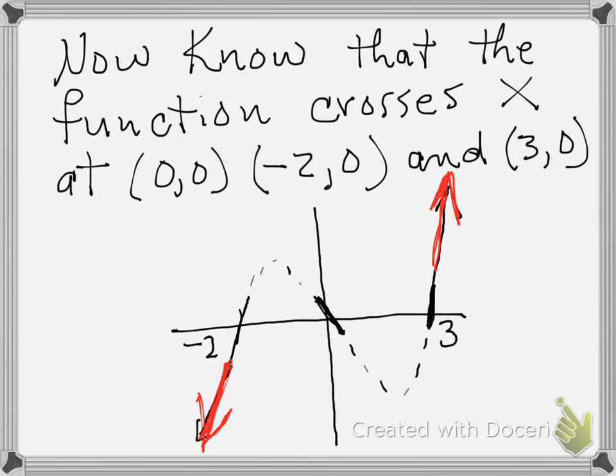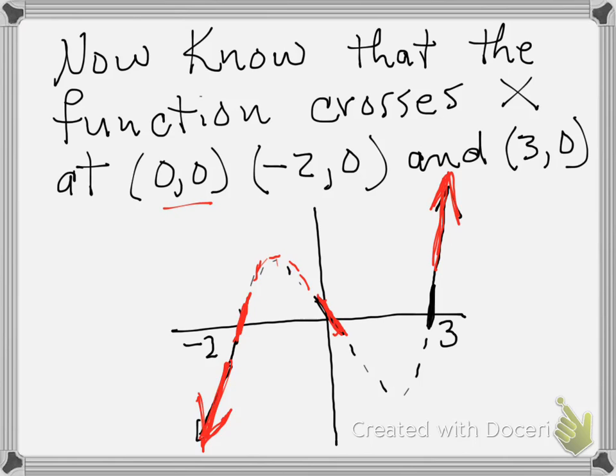Well, if we're going to go through the point 0, 0, and we start going that way, and we're going that way, then the only way that's going to happen is if this thing has to turn around up here, and it's going to go through 0, 0, but it's got to be going this way. We also know then it goes through -2, 0, and so that's pretty easy. We've got this part of the graph, so it goes through -2. We don't know exactly what happens here, but we know it turns around, so it can go through 0, 0.